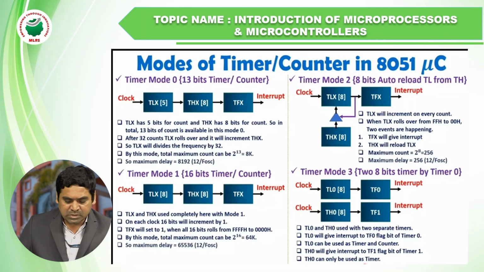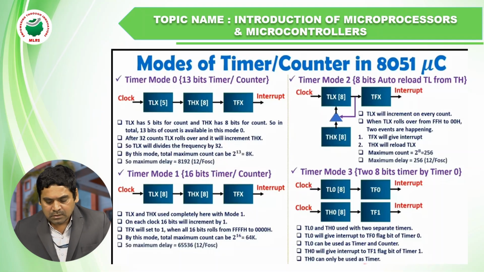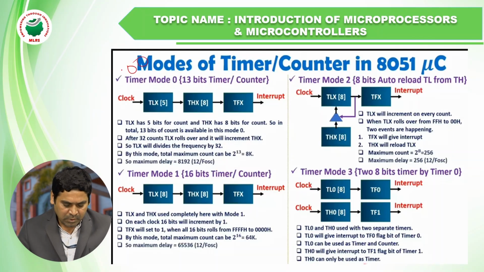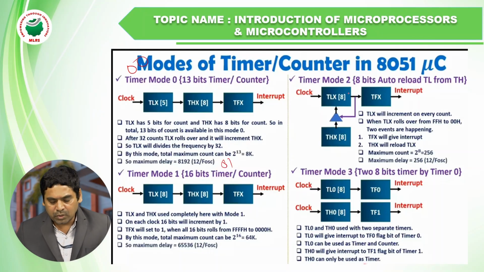So here are the modes of timers and counters in 8051. Timer mode 0 is the 00 case, timer mode 1 is the 01 case, timer mode 2 is the 10 case, and timer mode 3 is the 11 case.